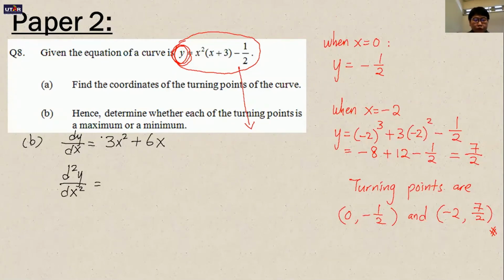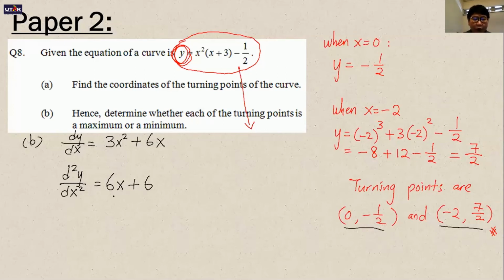So first term, 3x squared. Differentiate it, we have 6x. Second term, positive 6x. Differentiate it, we have 6. Since we have 2 points, we will check point by point. So for the first point, I need the x value because the second derivative is 6x plus 6.